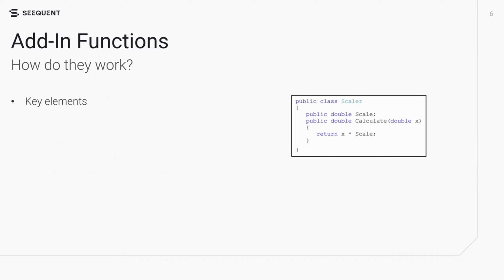An add-in function follows the general format illustrated on the right. The key elements of an add-in are the name of the add-in or declaration of a class, the method or function of the add-in, which must be called calculate and is the portion of the code that determines the value of y based on the inputs, and a return command, which can be used to send the y variable back to the GeoStudio solver.